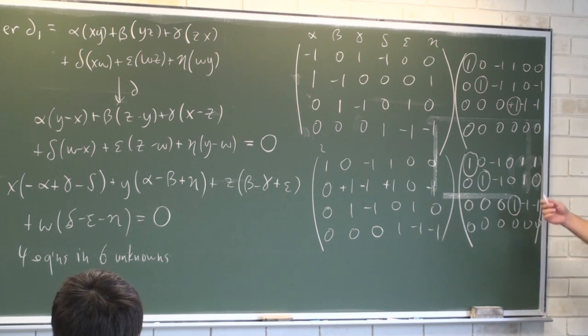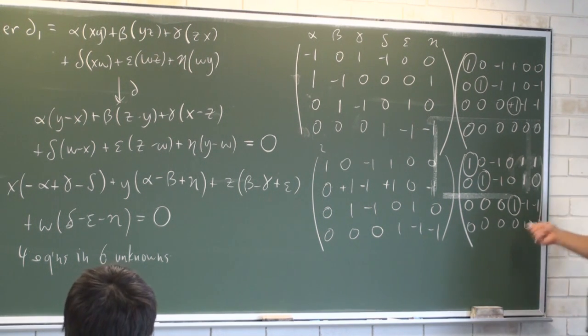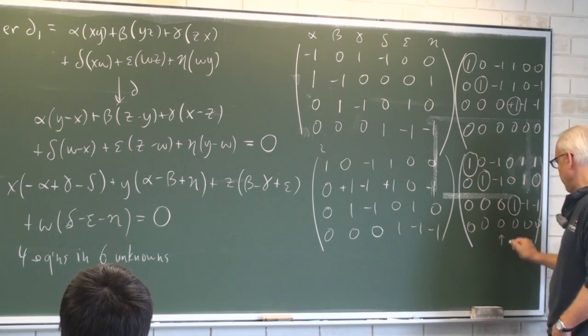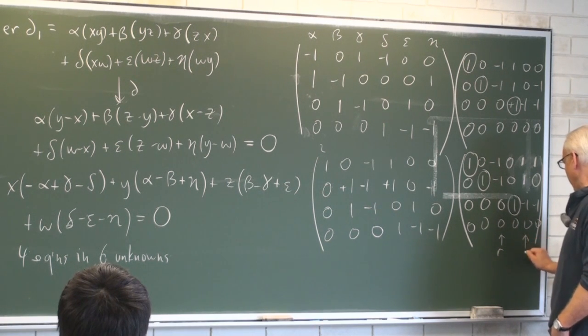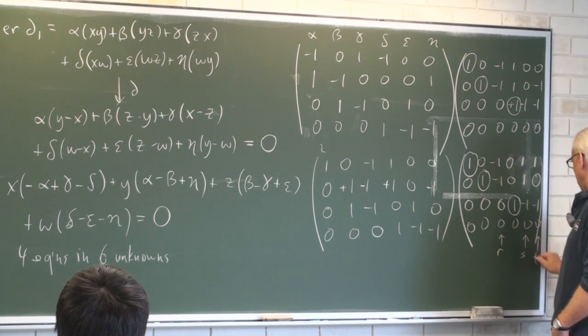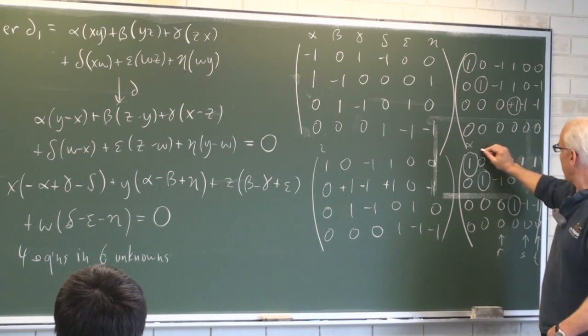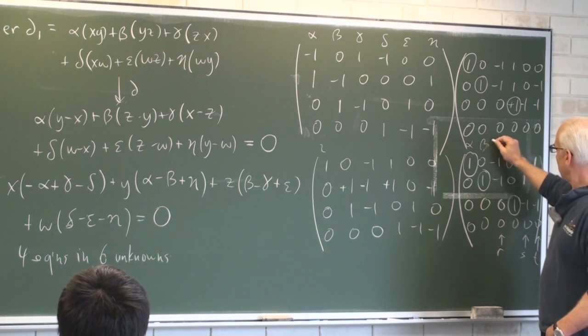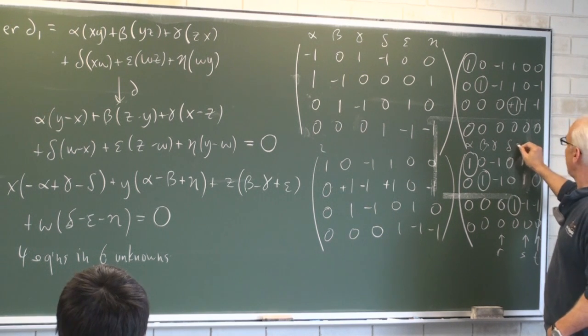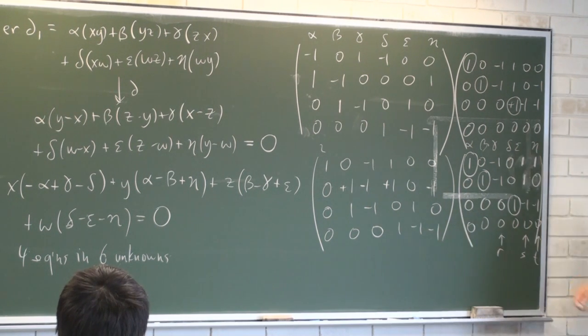Okay, now we can read off solutions. There's a 3-parameter space of solutions. So let's call this parameter R, this parameter S, this parameter T. Our variables were alpha, beta, gamma, delta, epsilon, and eta.